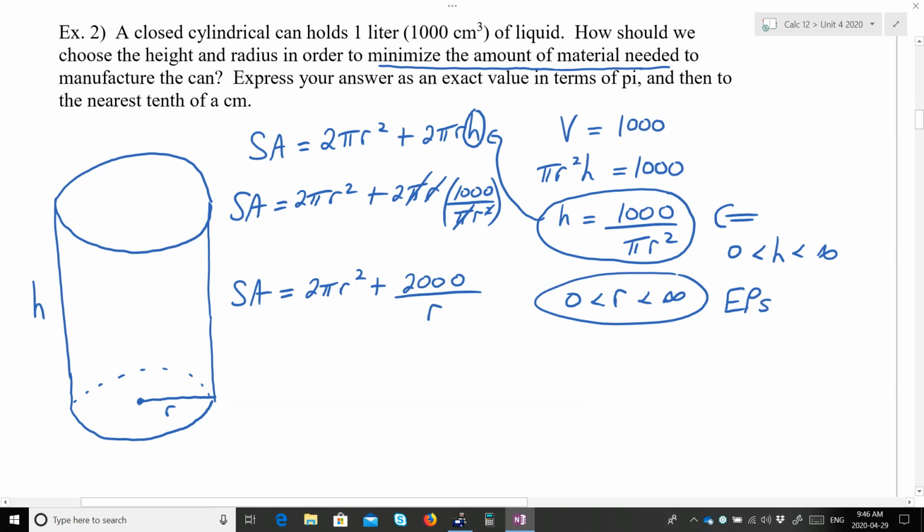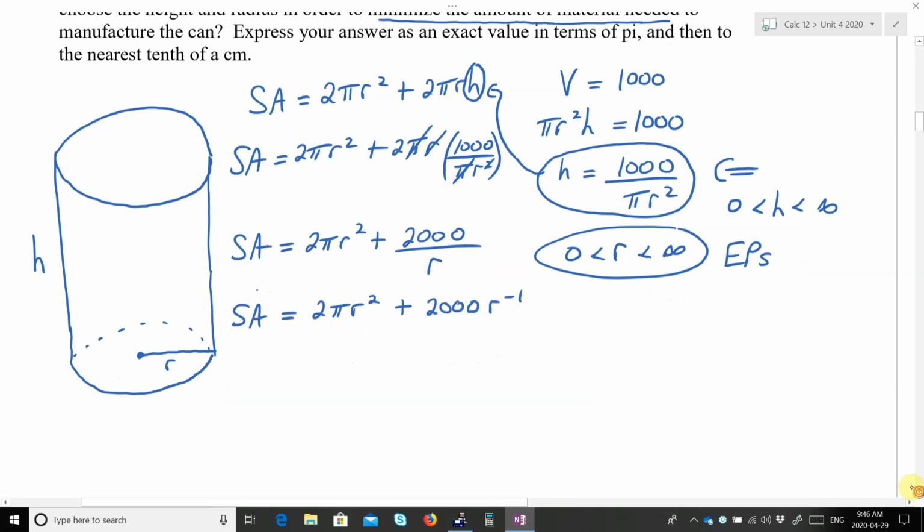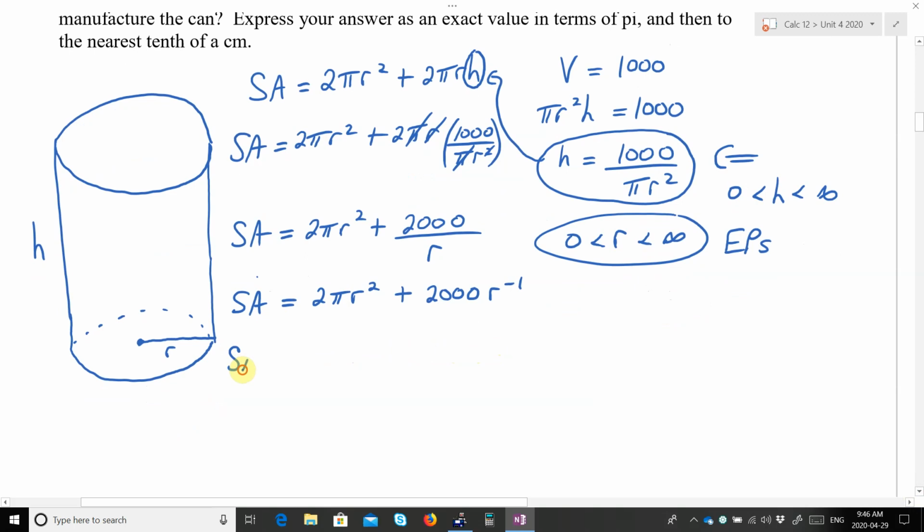Okay, and so to get extreme values, we have to test endpoints and critical points, so we have to get the critical points of our surface area function, which means find the derivative and find where the derivative equals 0 or does not exist. So first of all, I'm going to write the surface area function one more time in a different way. I'm going to write this as 2,000 times r to the negative 1. And now we will do the derivative.